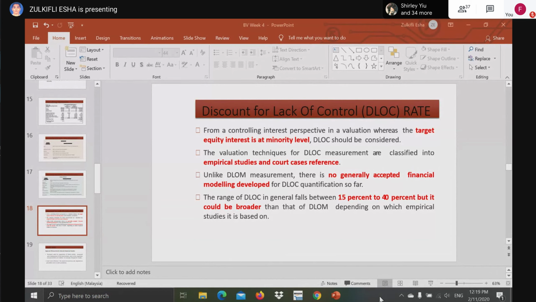So if the case is brought into court, you may need to explain why 15%. You need some justification, some evidence to show that the figure that you are using is the correct figure.